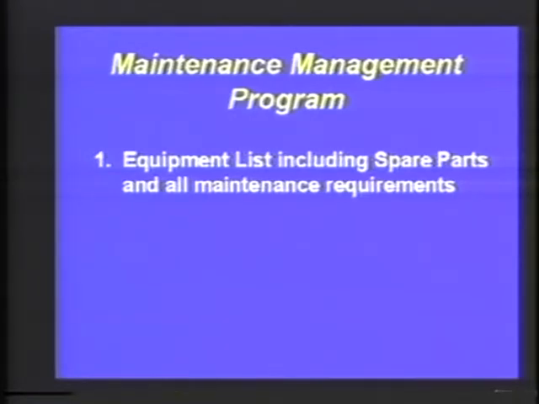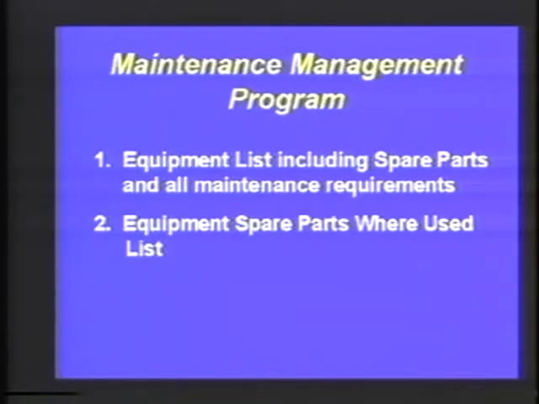It includes all of our assets, all of the spare parts that are going to be required to maintain those assets, and all of the maintenance requirements in terms of how we're going to maintain the assets. The second module is a byproduct of the first one, and that is the spare parts equipment where used list. And in the next page, we're going to show you how that is actually developed.